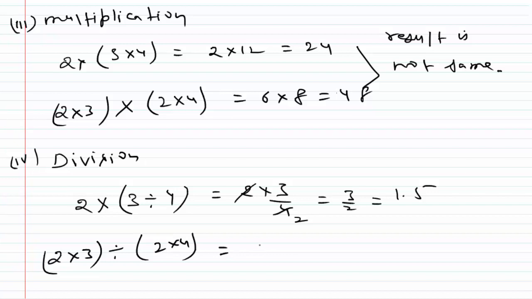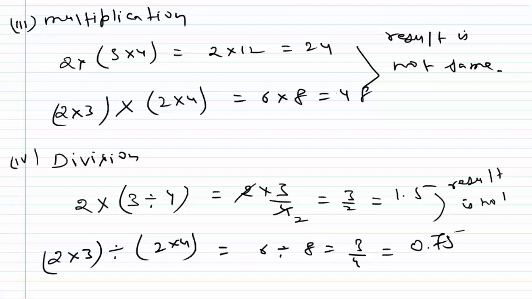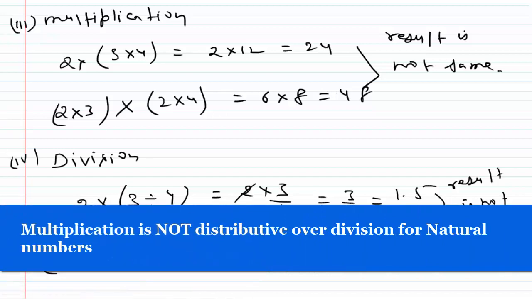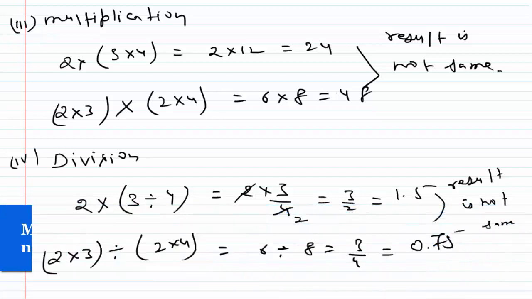So we find that 6 divided by 8 is equal to 3 upon 4, that is equal to 0.75, and here we find that the result is not same. Multiplication is not distributive over division for natural numbers.